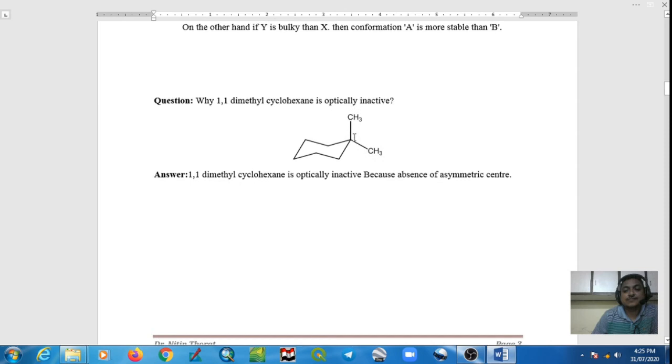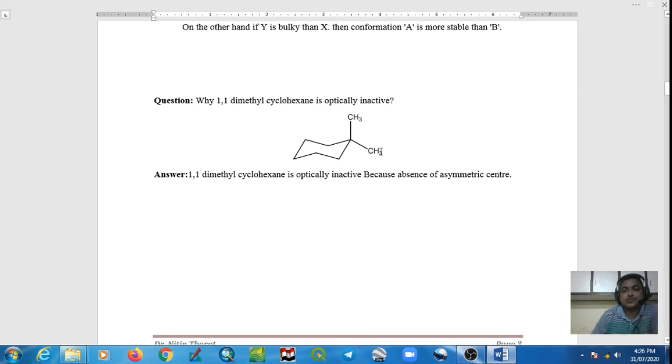The answer is absence of asymmetric center. 1,1-dimethyl cyclohexane is optically inactive because of absence of asymmetric center. In case of 1,1-dimethyl cyclohexane, a chiral carbon, an asymmetric center, is absent, that's why it is optically inactive.